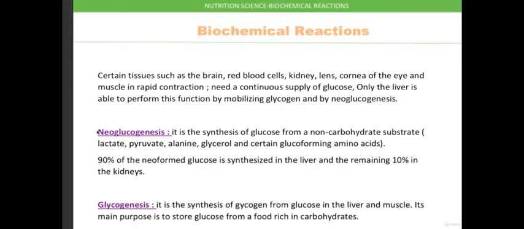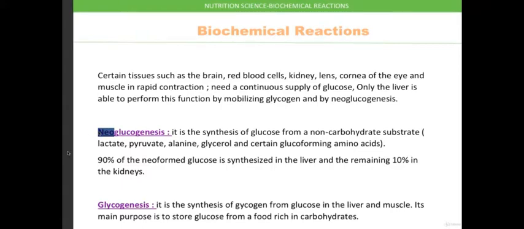If we divide this word into 3 parts: neo, gluco, and genesis. Glucogenesis means glucose synthesis, and neo means from a non-carbohydrate substrate. It can be lactate or lactic acid, alanine, glycerol, and certain glucoforming amino acids. 90% of the neo-formed glucose is synthesized in the liver and the remaining 10% in the kidneys.